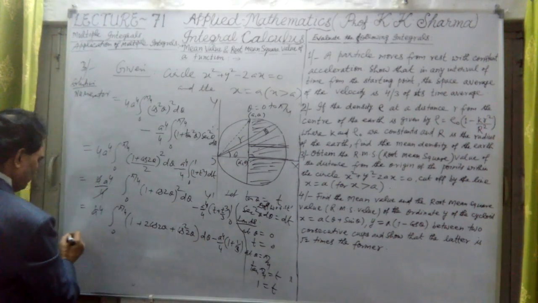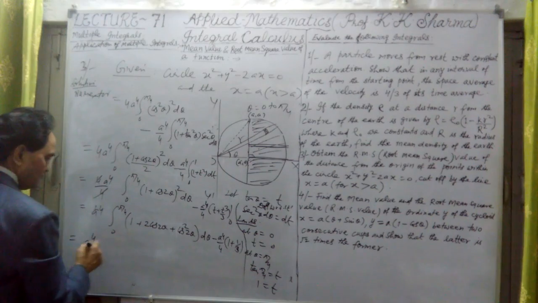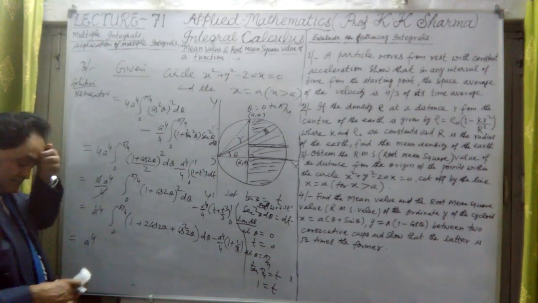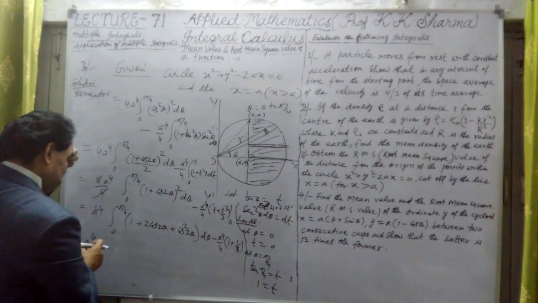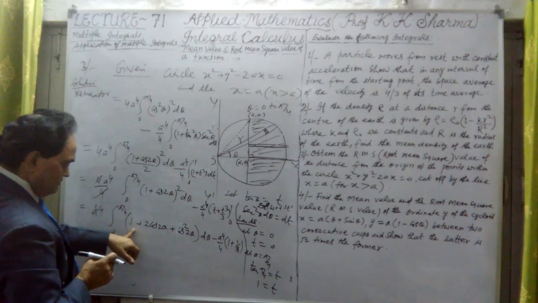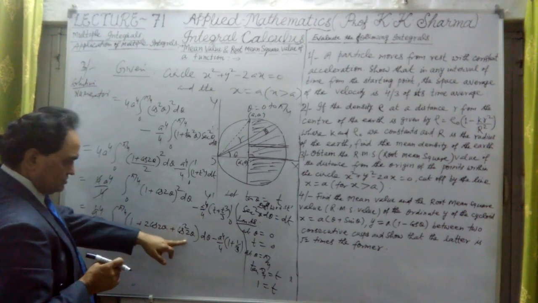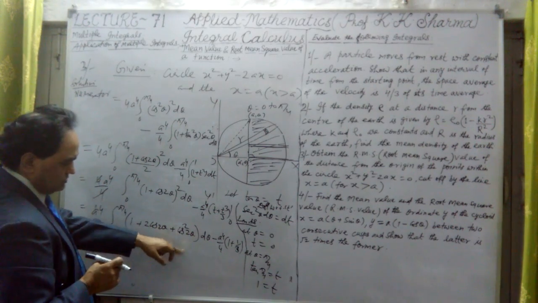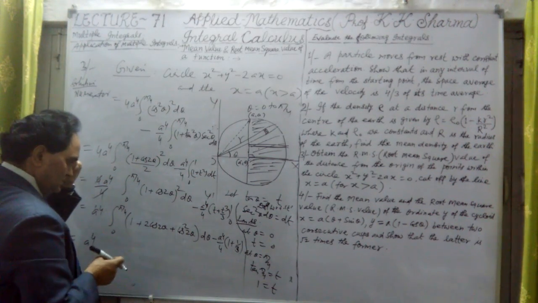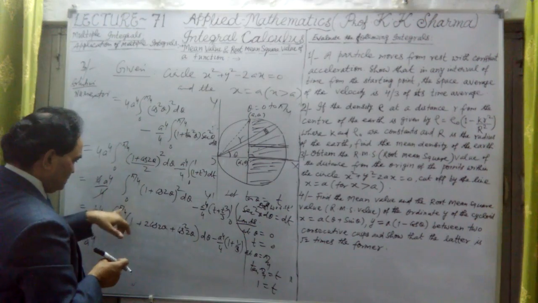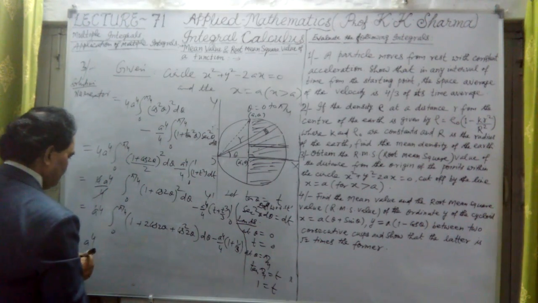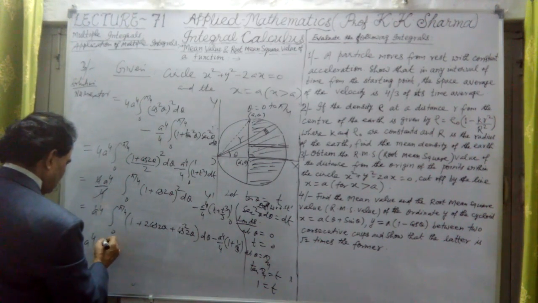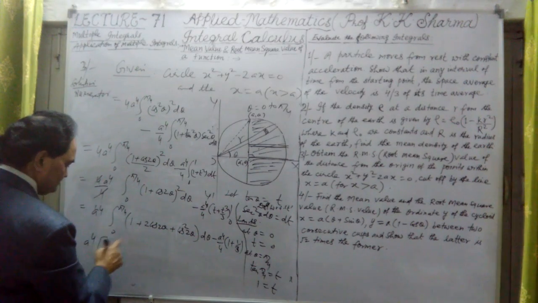Now the a^4 is common throughout. In the first part, cos square 2 theta can be integrated if I change the limits, putting 2 theta as phi or t, no problem. So let me integrate the first two parts.